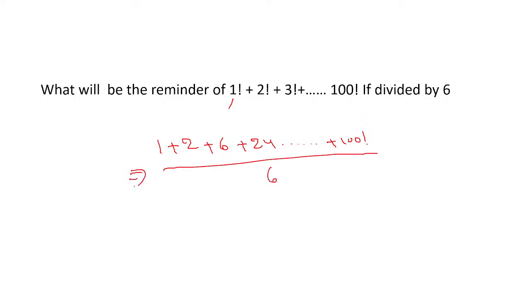If it is divisible by 6, remainder is 0. 24 is divisible by 6, remainder is 0. After that, 5 factorial 120 is also divisible by 6, remainder is 0. In this way, all the factorials will be divisible by 6, except these two. 1 plus 2 is 3. So the remainder is 3. 3 is the answer.